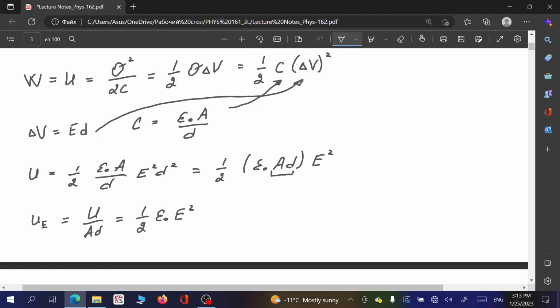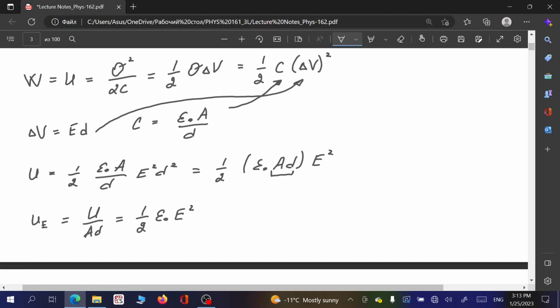Also, we know the equation which specifically defines potential energy for a parallel plate capacitor in terms of its parameters, area, distance, and magnitude of uniform electric field inside. And finally, if we want to get the density of electric field energy, meaning energy per unit volume, we also have this simple equation, which would be nice to remember because we will deal with it in the future too.